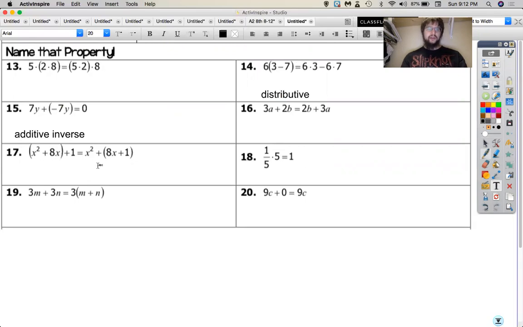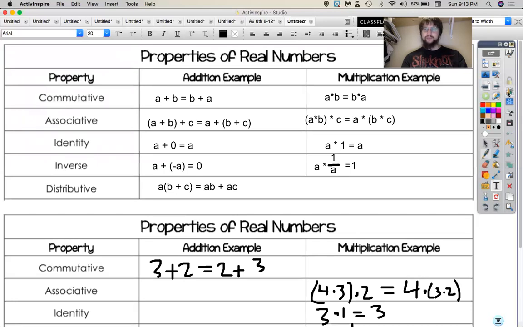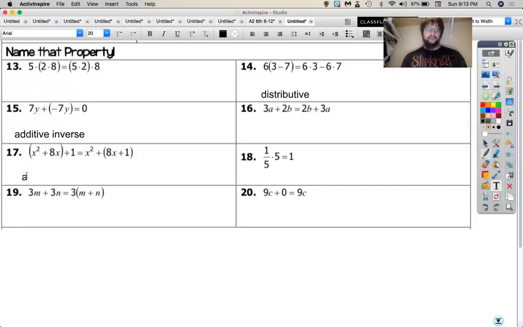What do we do here? We changed our grouping. If we change grouping, that's associating. I can't spell, sorry. That's the associative property, there we go. Associative property of addition. I'll abbreviate.